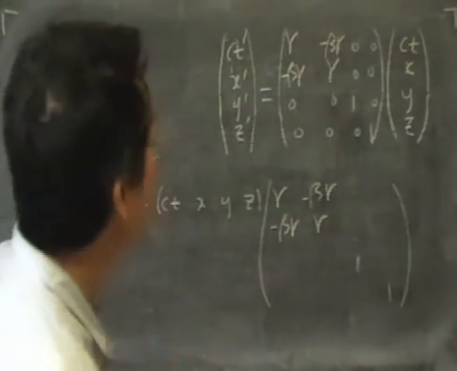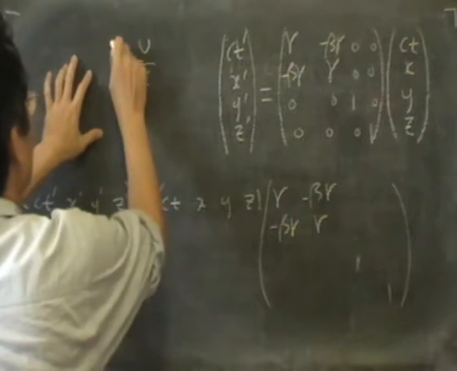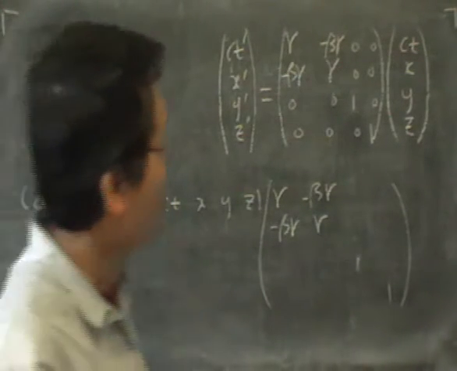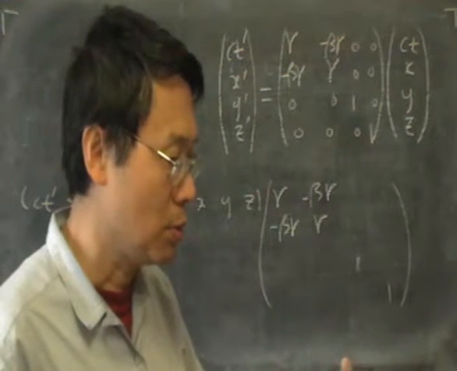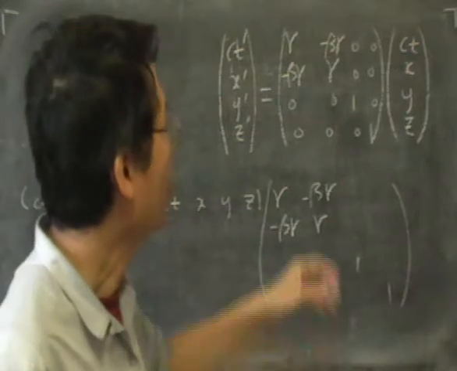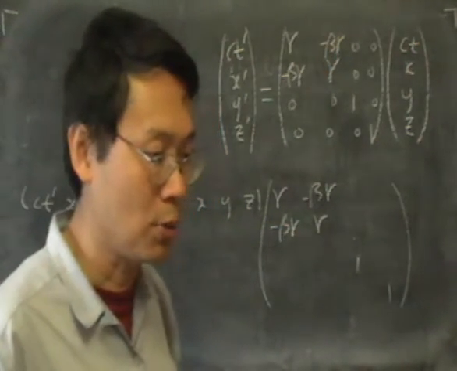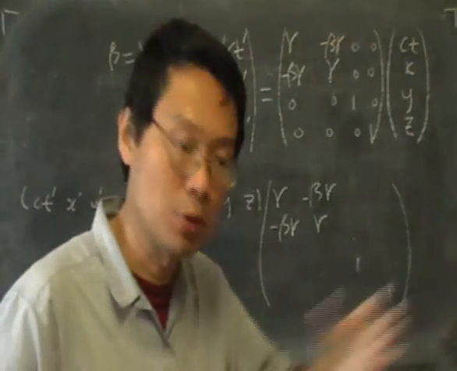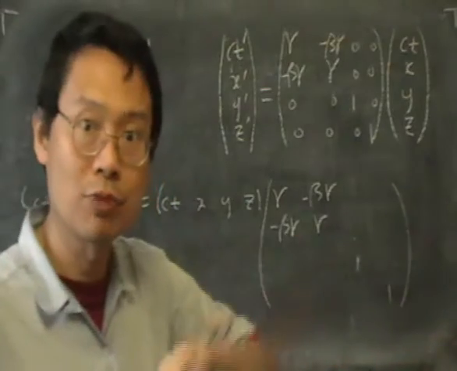Beta is v over c. Now imagine what happens if I reverse the sign of the velocity. That means instead of transforming from this frame to the moving frame, what if I transform from the moving frame back to the first frame?